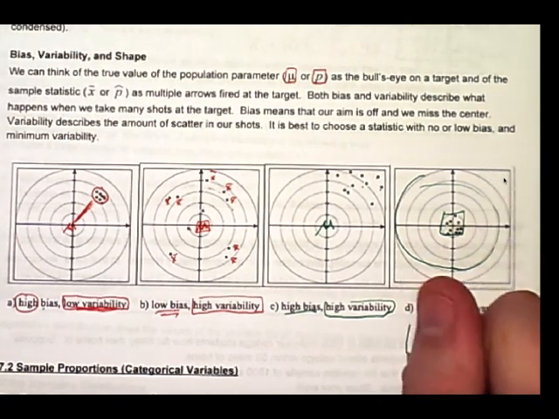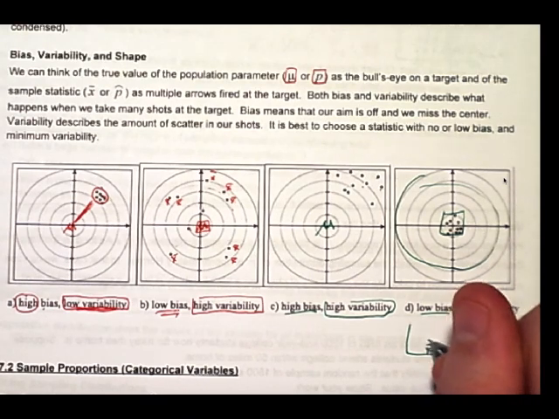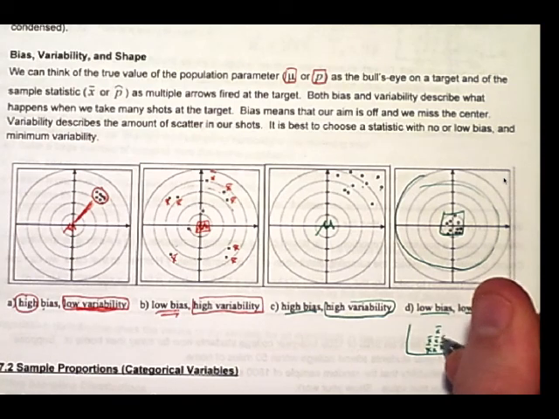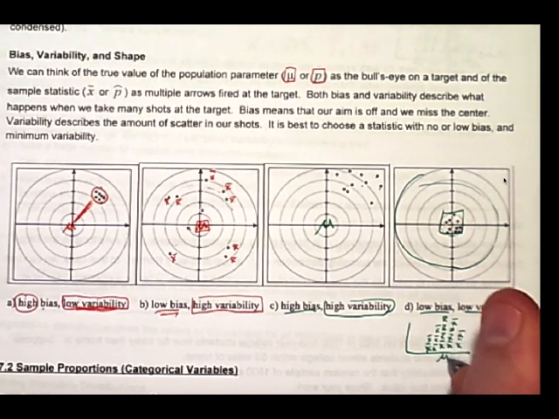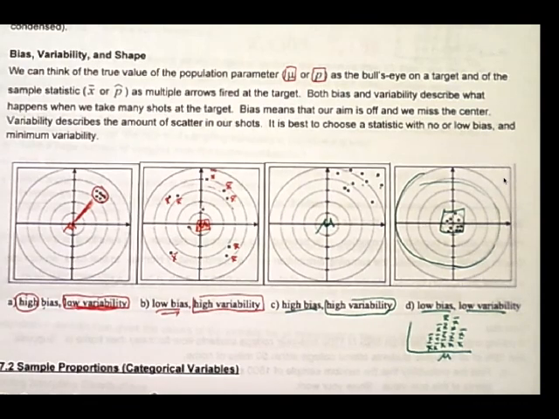In terms of a sampling distribution, our x bars are really tight, really condensed. That's the best of both worlds. And the true mean would fall in the center of all those x bars too. That's why this is the best.